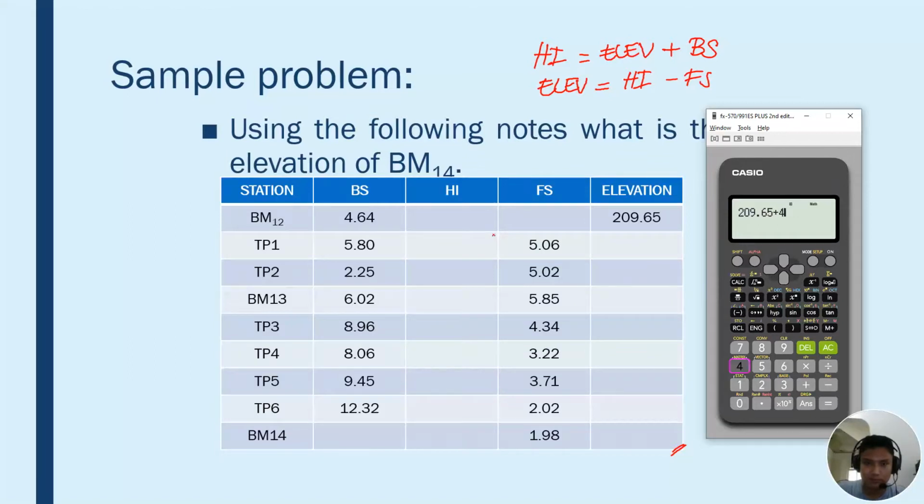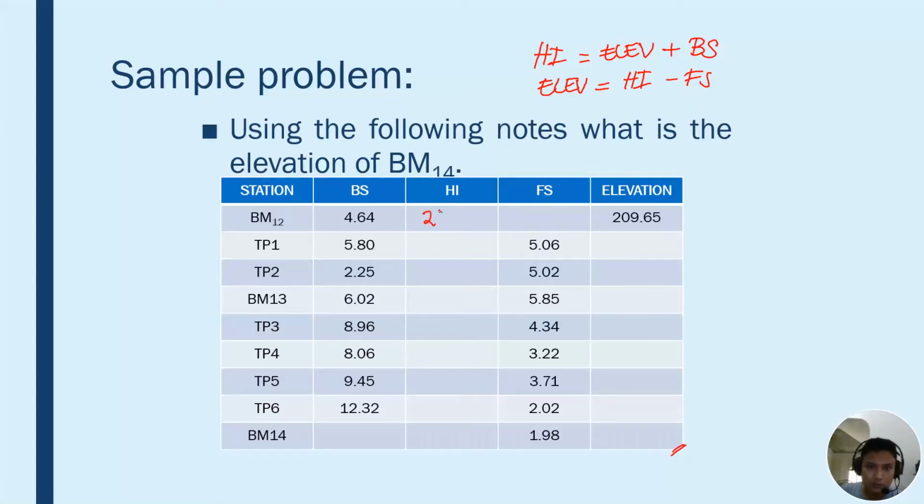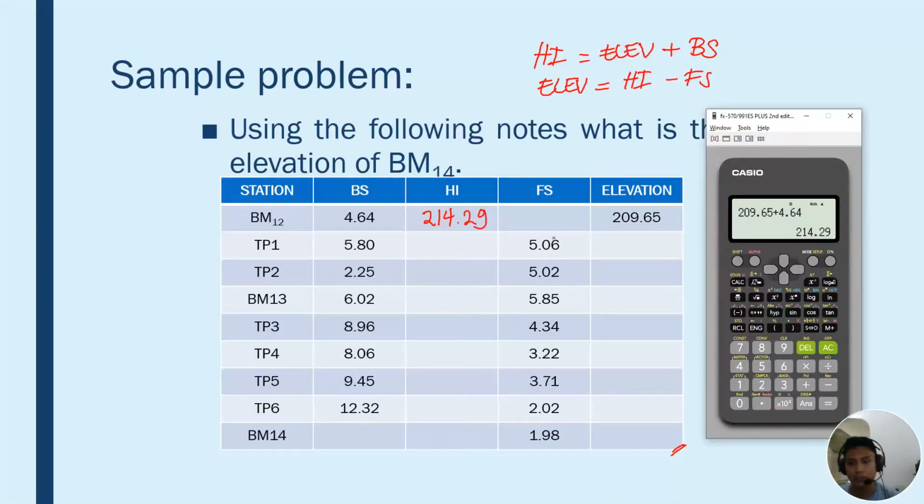209.65 plus 4.64 equals 214.29. Then subtract the foresight for the next station, which is 5.06, equals 209.23.